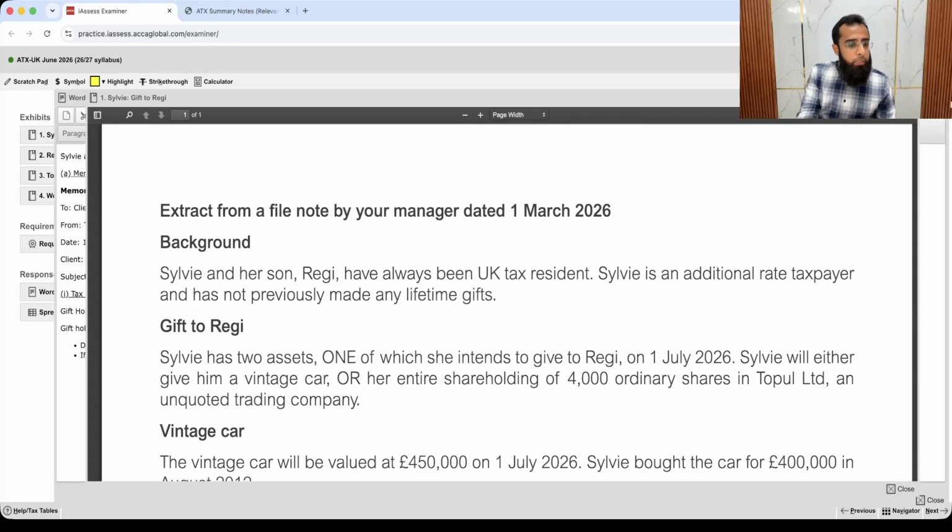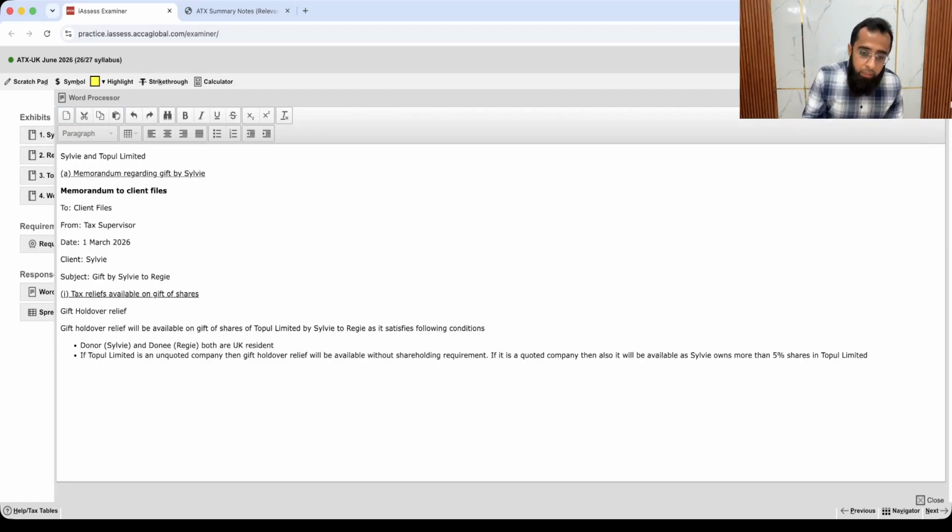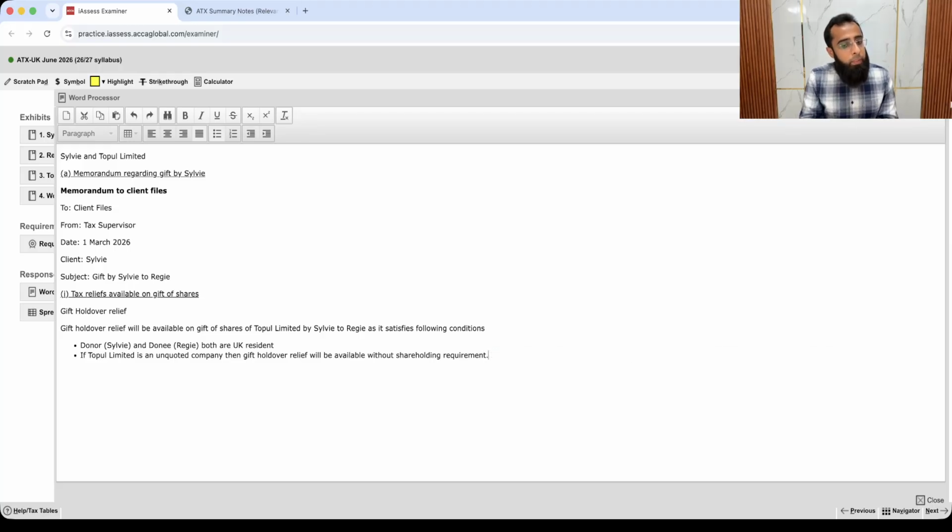Are you getting my point? Okay, because I think, oh yes, it's written here that it's an unquoted trading company. It's very much clear. So now it's just very much clear. You just need to refer to the unquoted company situation. Okay, or you can rephrase it as Topul Limited is an unquoted company. Therefore, gift holdover relief is available without shareholding percentage requirement.